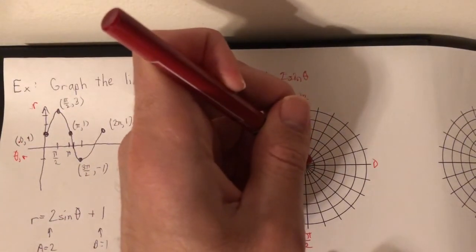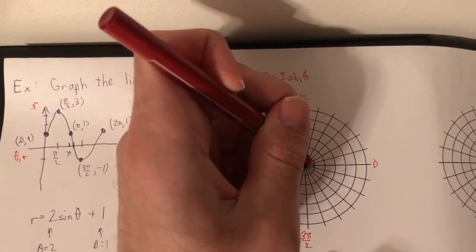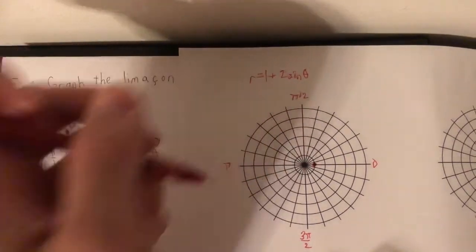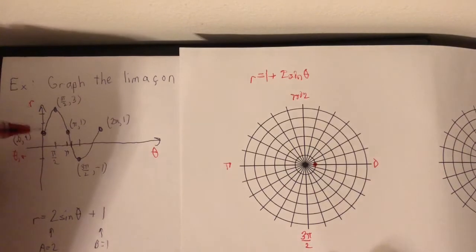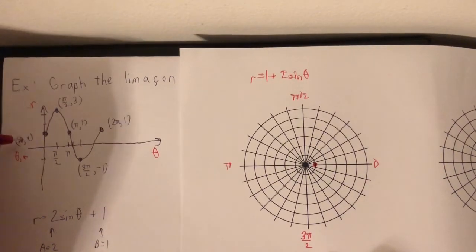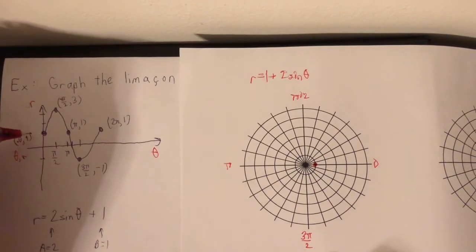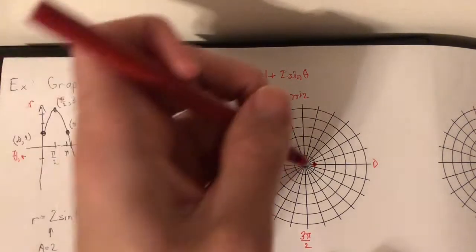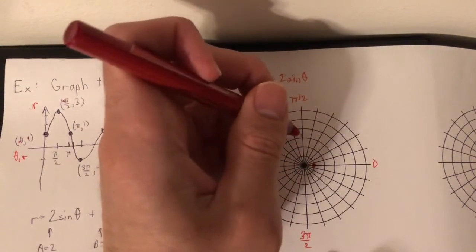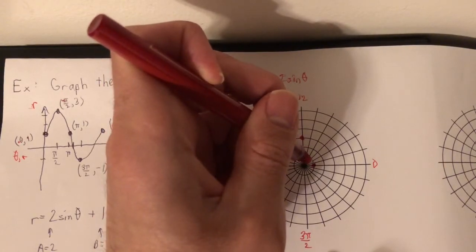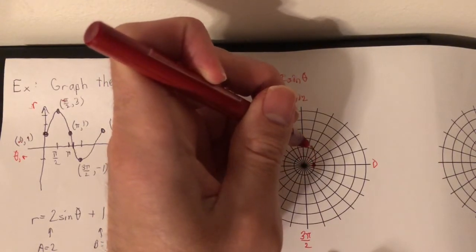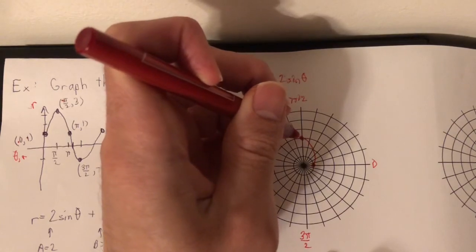So I'm starting here, so that first circle away from the pole. And as theta goes from 0 to pi over 2, my r increases from 1 to 3. So 1, 2, 3. And I end up with something that looks like this.